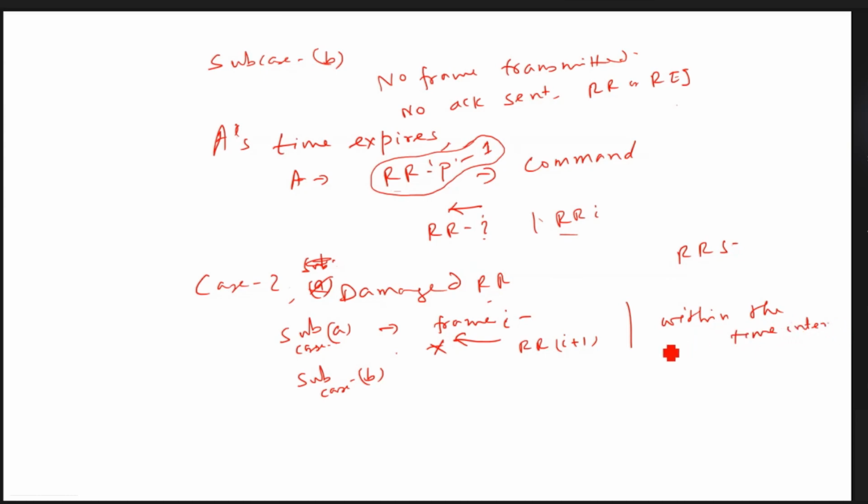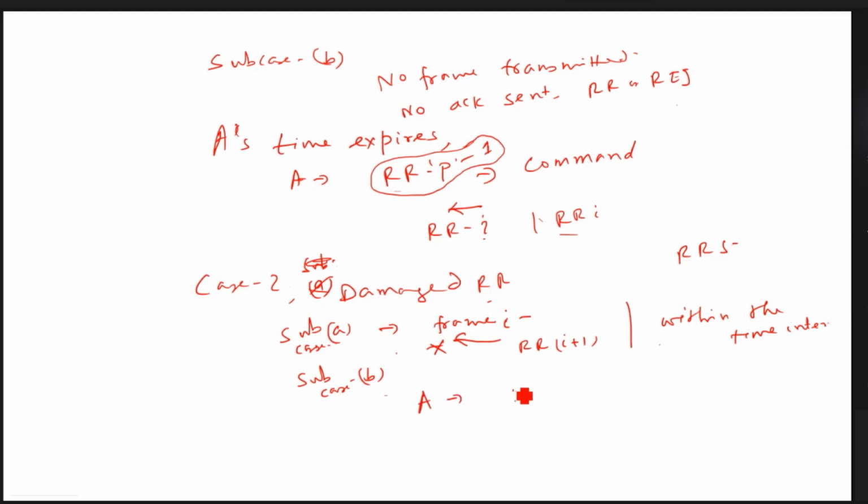But if the time expires, an acknowledgement is sent and it is not received by A, and A times out, what will happen? The same thing as before.